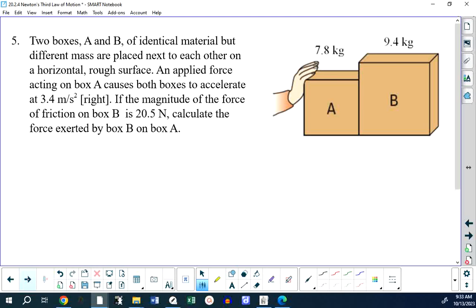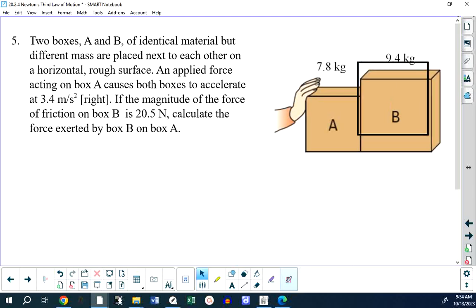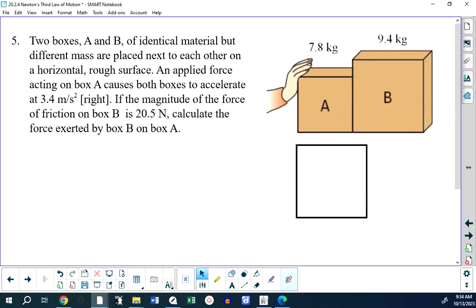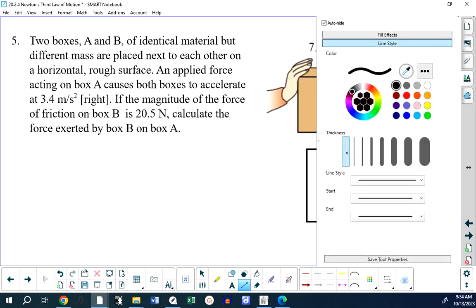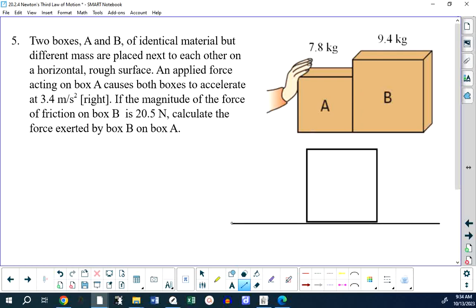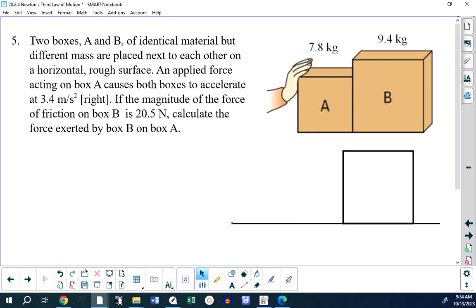Let's analyze the forces acting on box B. I'm just worried right now about drawing the forces on B. There is an undeniable fact that since B accelerates to the right at 3.4 meters per second squared, the net force on B is to the right.